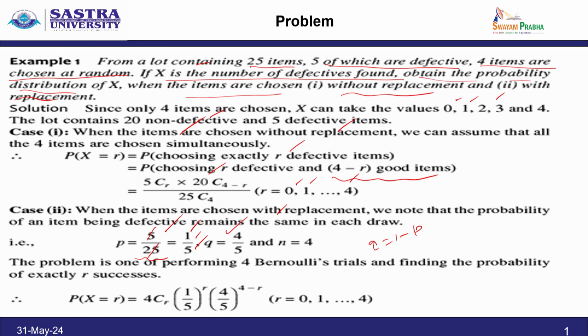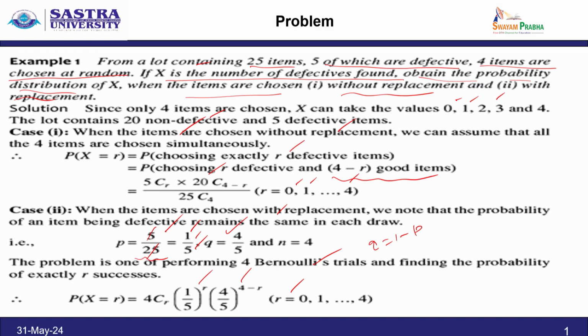So, the problem is one of performing 4 Bernoulli trials and finding the probability 4Cr into (1 by 5) whole power r into (4 by 5) power 4 minus r. Choose r equal to 0 and correspondingly the probability of x equal to 0, and probability of x equal to 1 is 4C1 into 1 by 5 into 4 by 5 power 4 minus 1, which is 3.